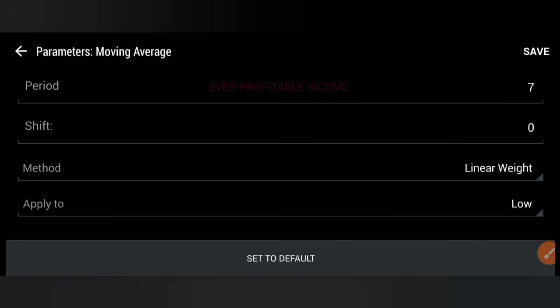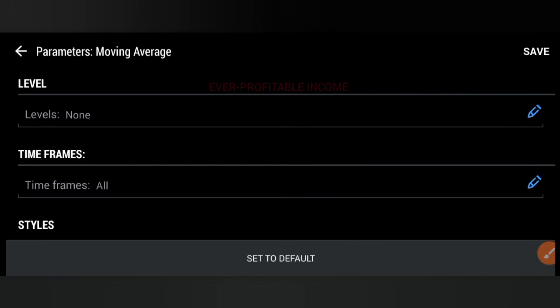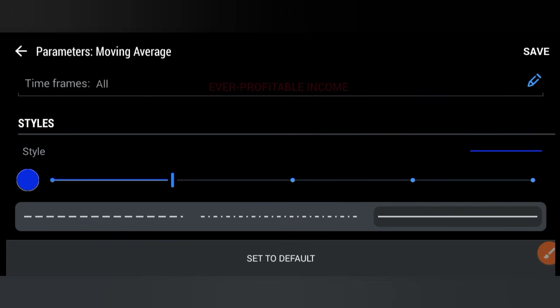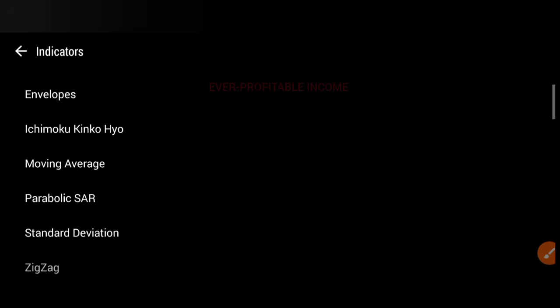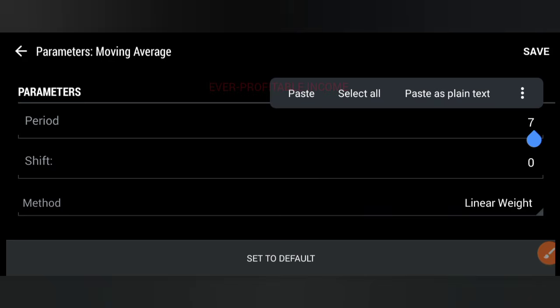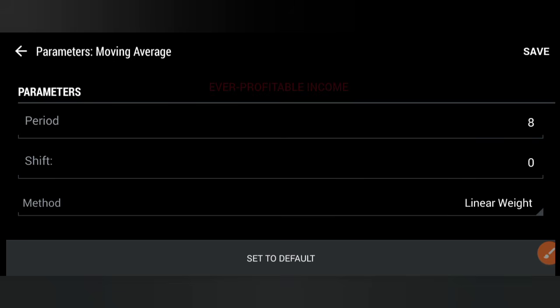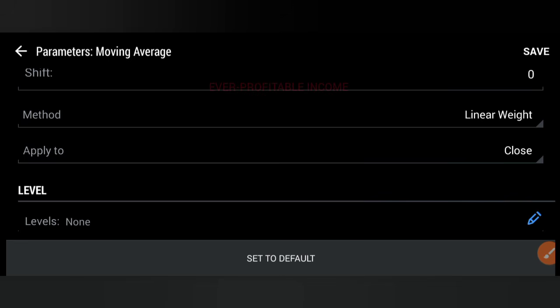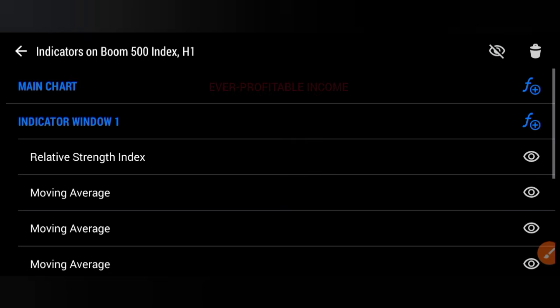So don't forget, apply to close, then the color should be blue like moving average 6, then click on save. Then we're adding the 8th moving average. The period is 8. Can you see that? Shift is 0. Method is linear weights. Apply to close. And the color should also be blue. Then you click on save.